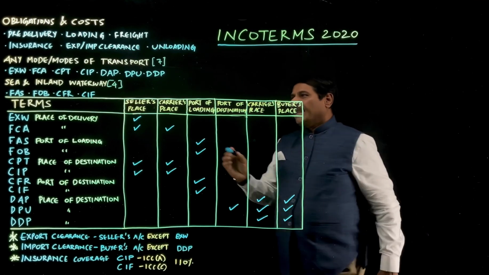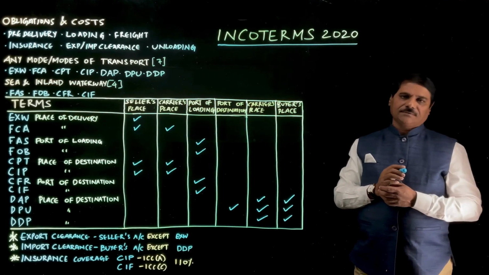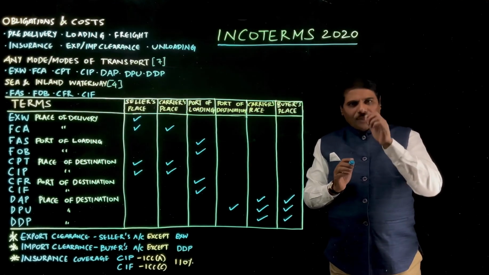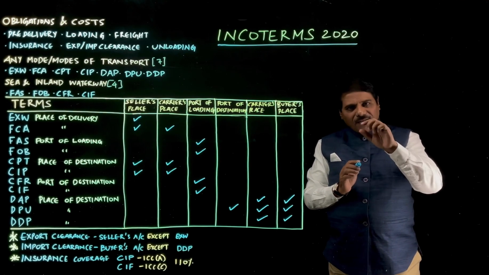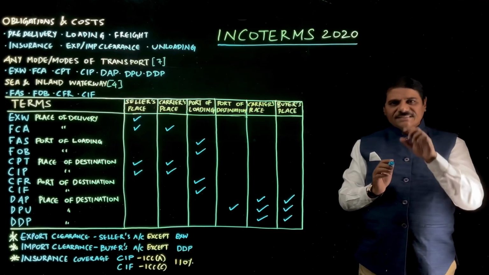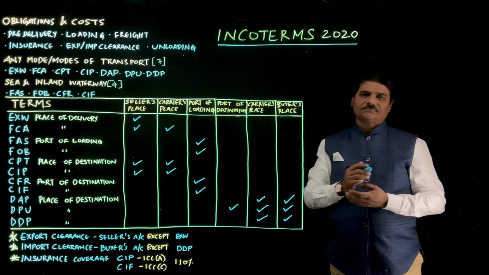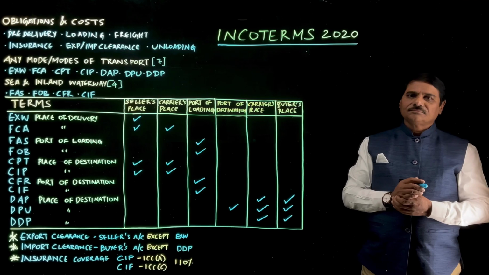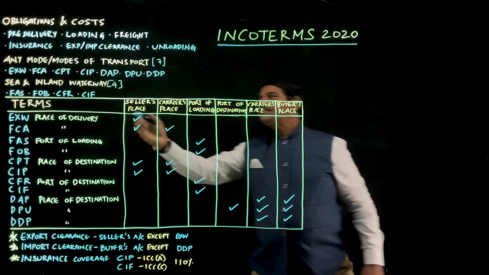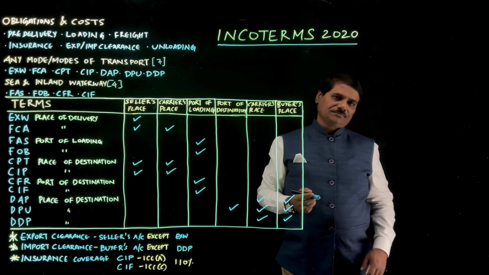So here, any mode, what do you mean by mode of transportation? Road, rail, air, sea, all these are modes of transportation. And you said here any mode or modes of transport.